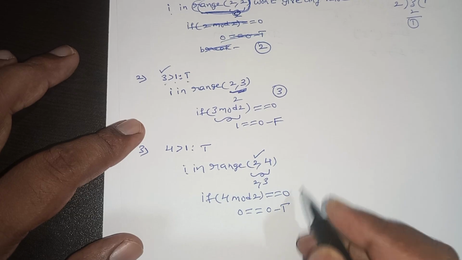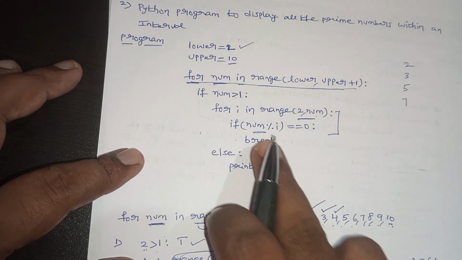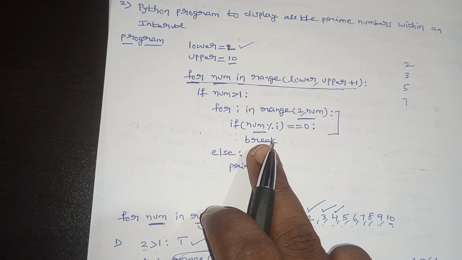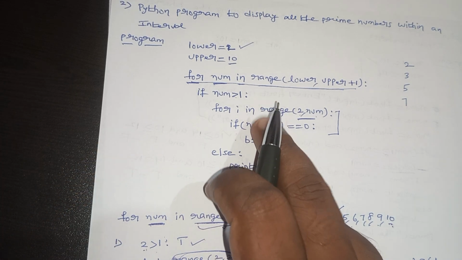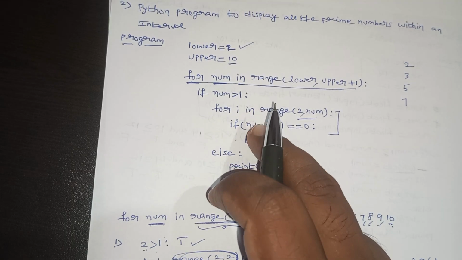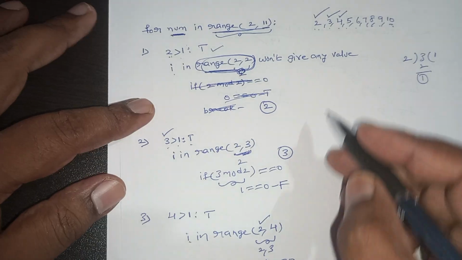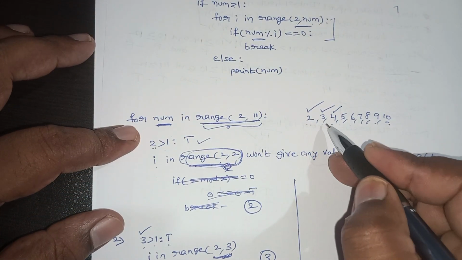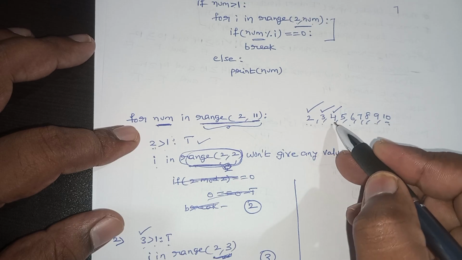Condition is true. Because condition is true, you break it. What do I have to break? You break this for loop. So num equal to 2 is over, num equal to 3 is over, num equal to 4 is over.